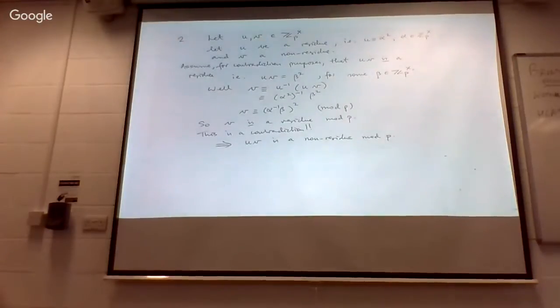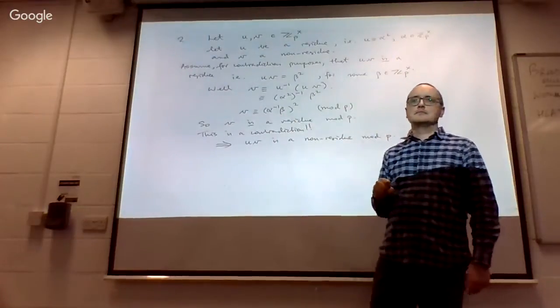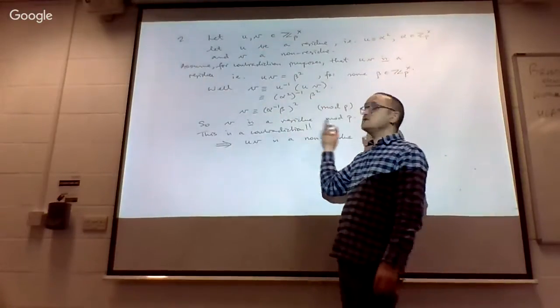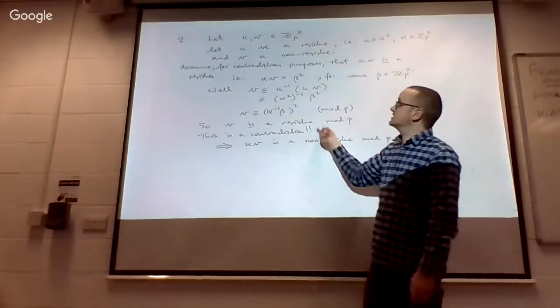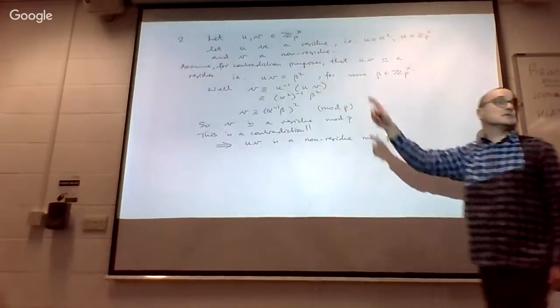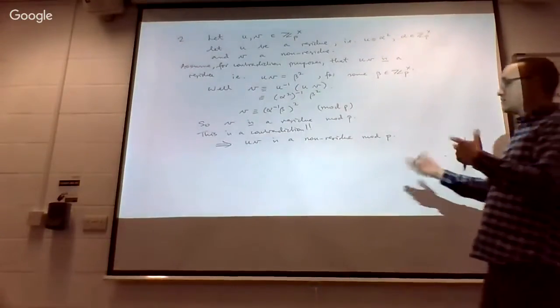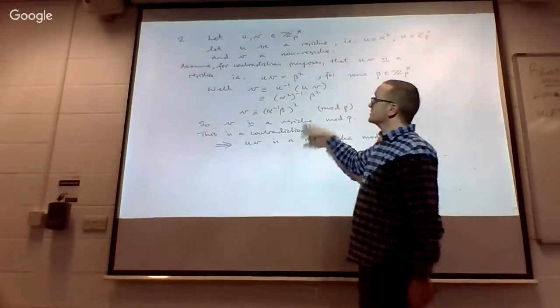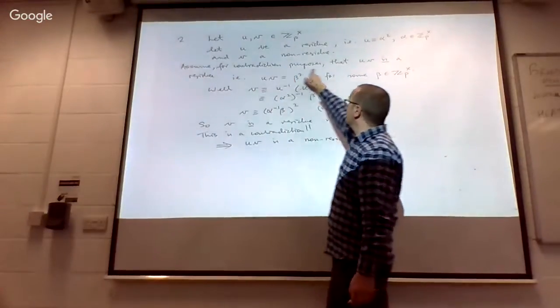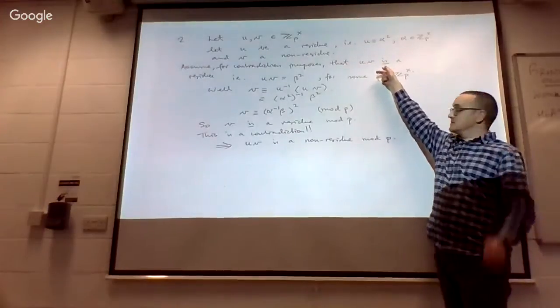So suddenly you're looking at V being the square of something. So V is a residue. But that contradicts the fact that we told ourselves that V was a non-residue. So something's gone wrong. We can't have V both being a residue and not a residue. So what went wrong was we assumed here, for the purposes of contradiction, that UV was a residue.